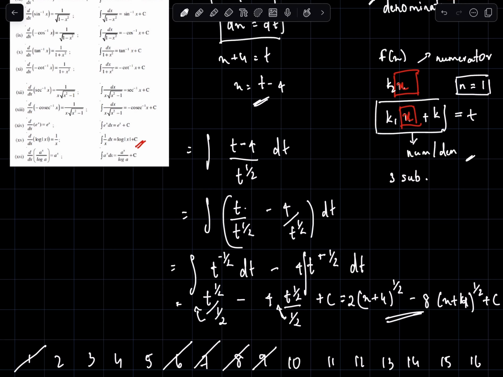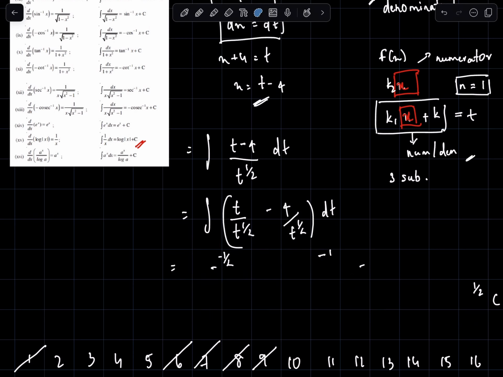Square root. What did I make a mistake? So square root of, oh, okay, my mistake again. See, even I make mistakes. I'm sorry guys. So yep, if you caught the mistake, very good.